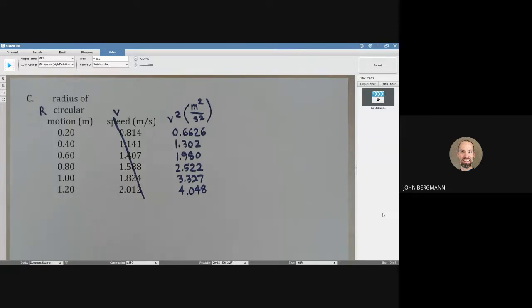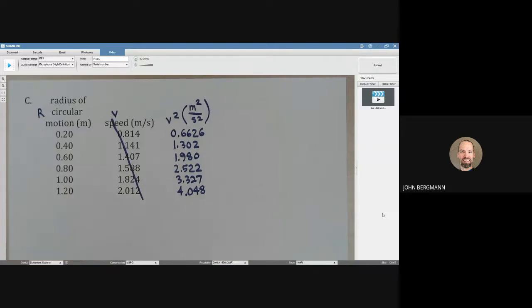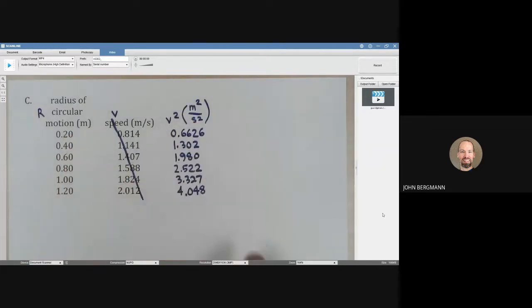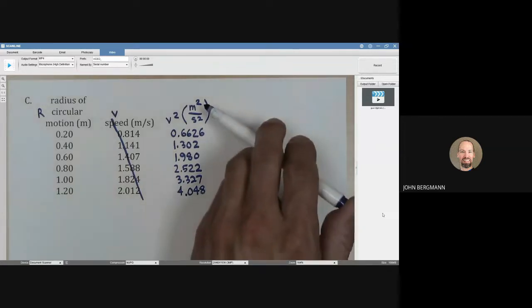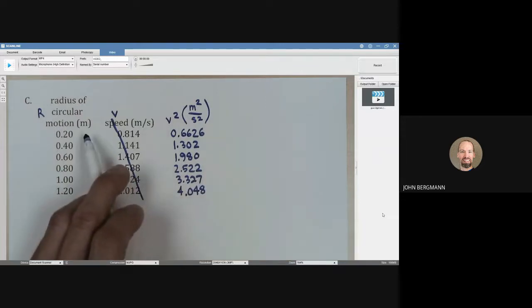The next thing we do is we decide who's the rise and who's the run column. And the way you do that is you look at the units and you try and find a unit that makes sense to you. And if you take the meters divided by meters squared per second squared, what unit do you get? Or if you take meters squared per second squared and divide by meters, what unit do you get?